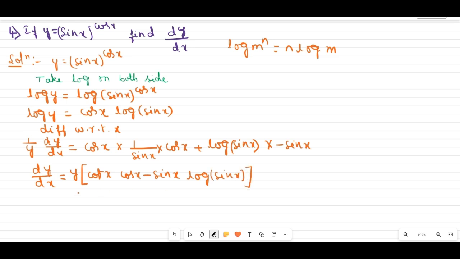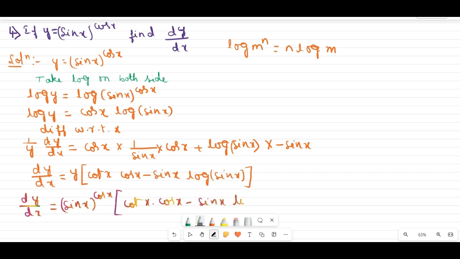That will become the final answer. So dy by dx is equal to sin x whole power cos x into cot x into cos x minus sin x into log of sin x. This is the final answer for the given question.